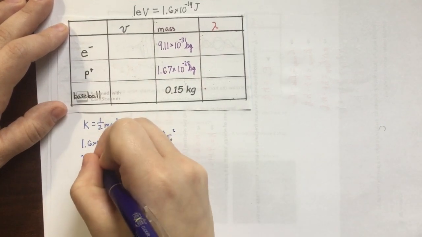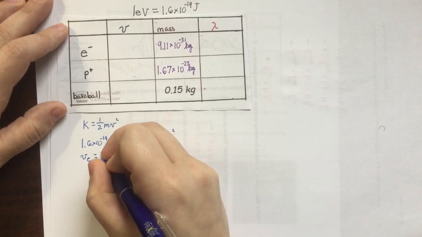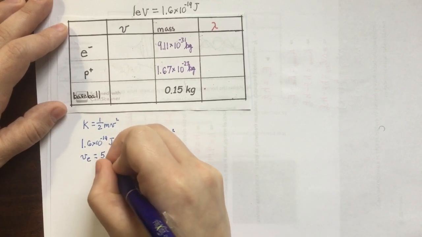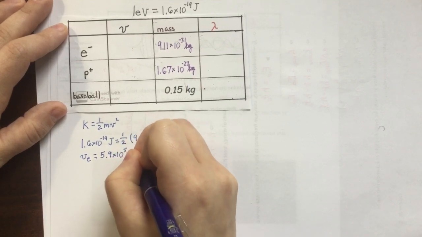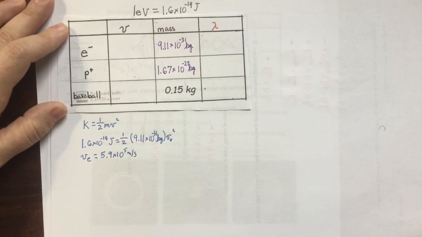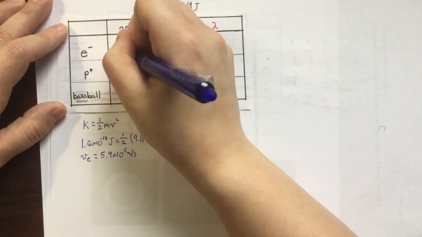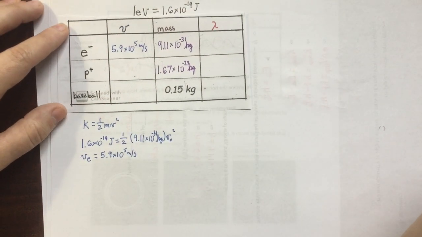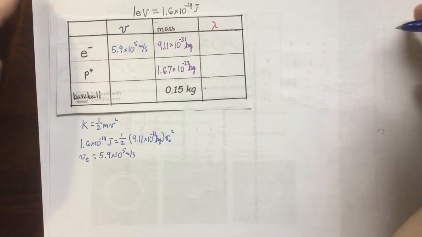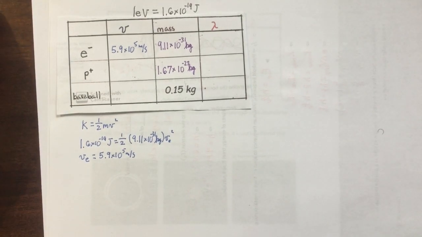We get the velocity of the electron to be 5.9 times 10 to the 5 meters per second. Now we can do the rest. Try the other velocities on your own.